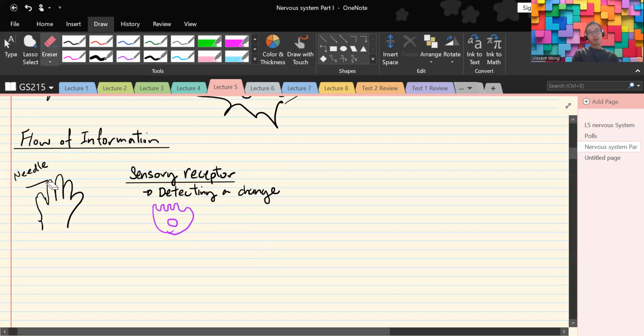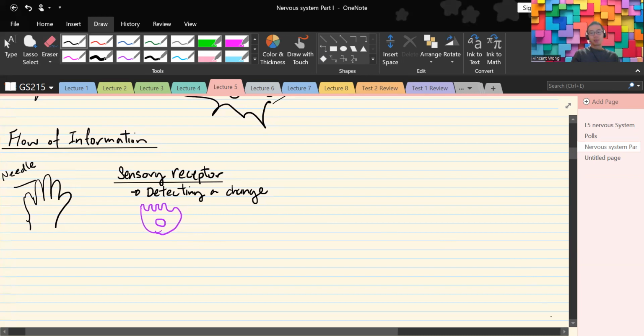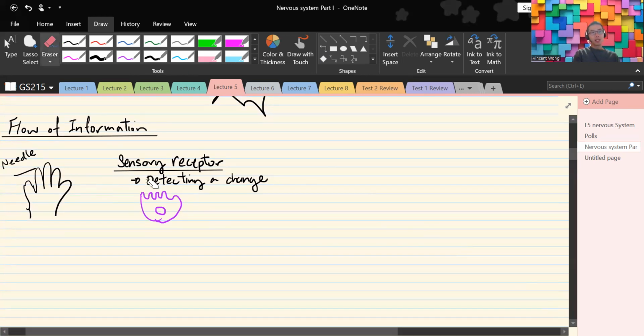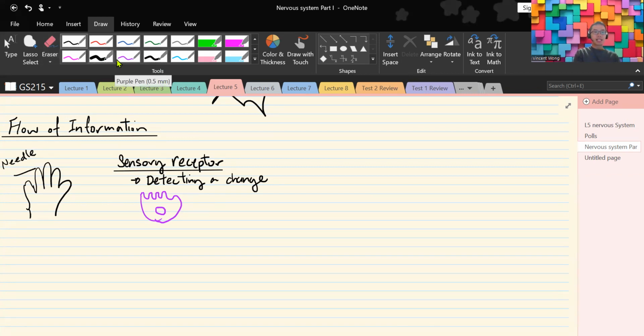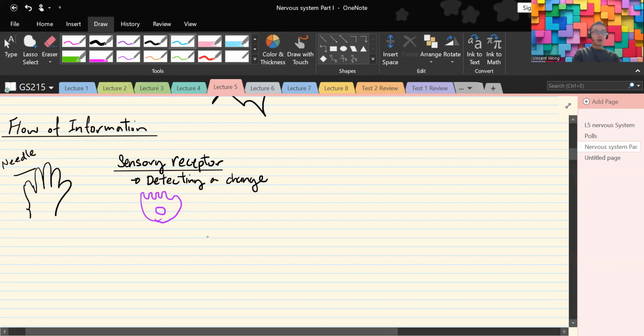In this case, we would have a sensory receptor that detects changes in pressure, to feel the poke of the needle. Once it detects the poke, the change in pressure, the sensory receptor will then send a signal to a sensory neuron. A sensory neuron is a bipolar neuron. There's the body, and then there's one axon.